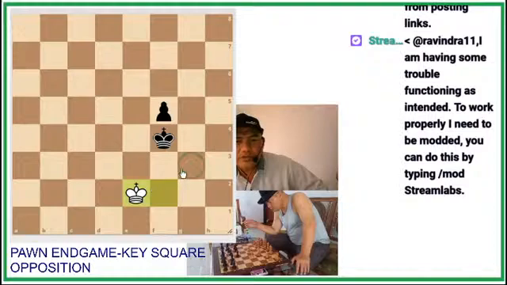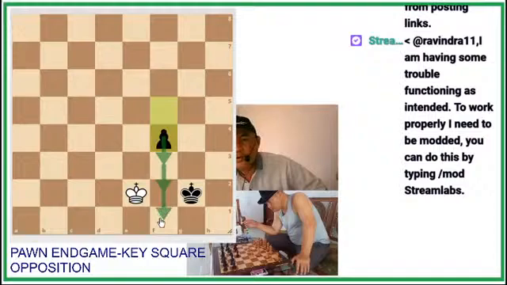White has to leave this key square, and if he goes here, he is leaving this key square. So black goes, and then black has the opposition, and then outflanking, and then this pawn goes for the promotion square.